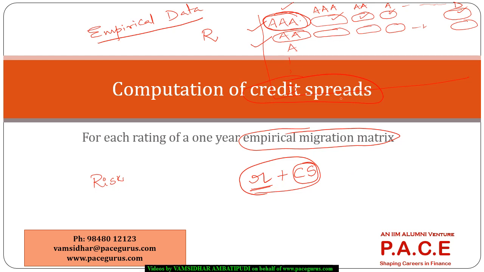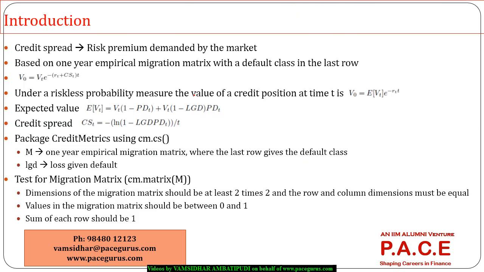So based on the ratings, how can we decide how much the credit spread should be corresponding to each of the ratings? The input that we would be looking at is a 1 year transition matrix.